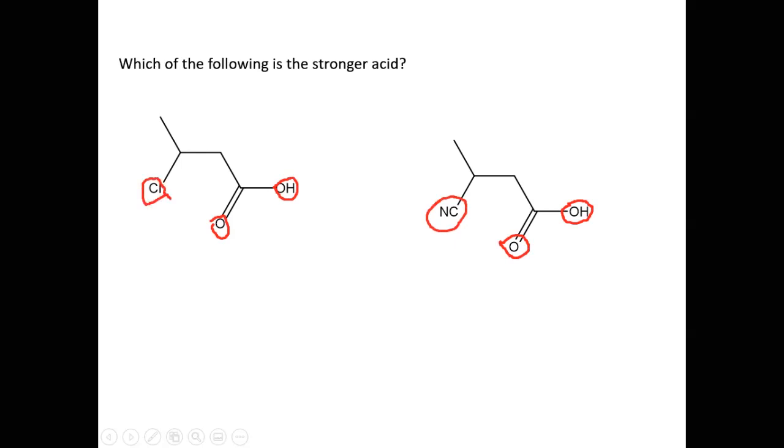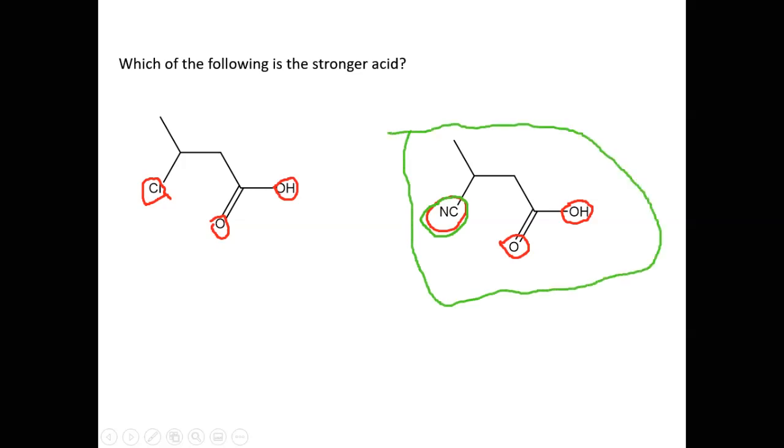Here we have to decide which one is the stronger electron withdrawing group. And hopefully you paid attention, because I did mention this. I said that the cyano group is comparable to fluorine. So that would mean that this one is a stronger electron withdrawing group. It would be the stronger acid because it can remove more electron density away from the reaction center.